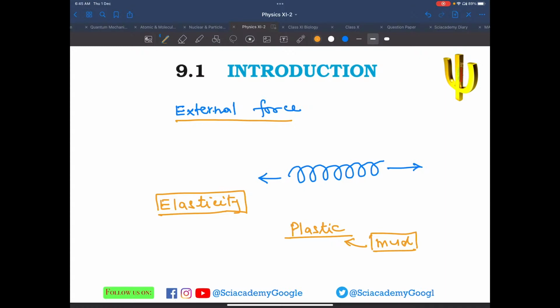So, if we are asked, can you design an aeroplane which is very light but sufficiently strong? So, what type of material you will choose?